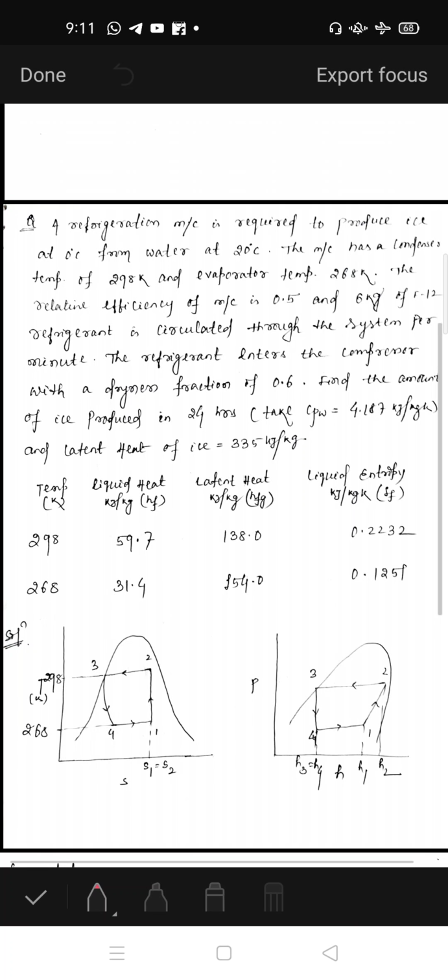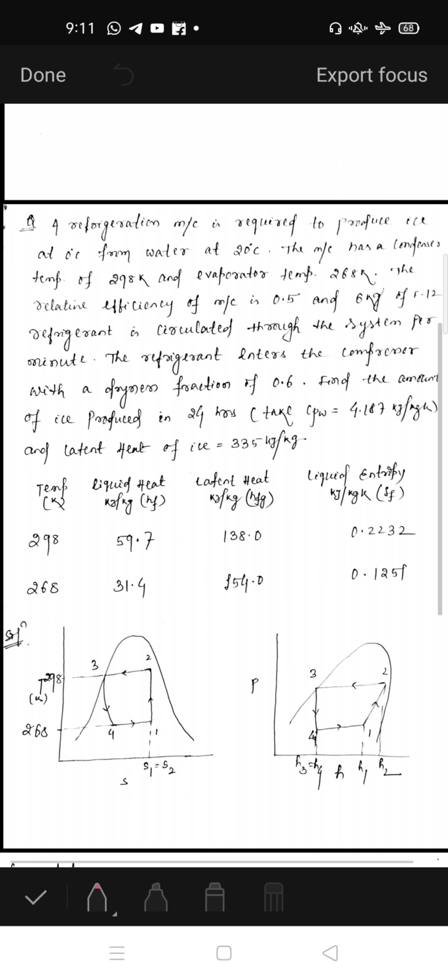The machine has the condenser temperature of 298 Kelvin, means higher temperature is 298 Kelvin, and the evaporator temperature is 268 Kelvin, means it is your lower temperature. Fine. The relative efficiency of the machine, means relative COP, is given, that is 0.5, and 6 kg of F12 refrigerant is circulated through the system per minute.